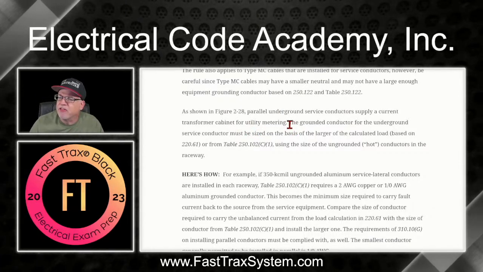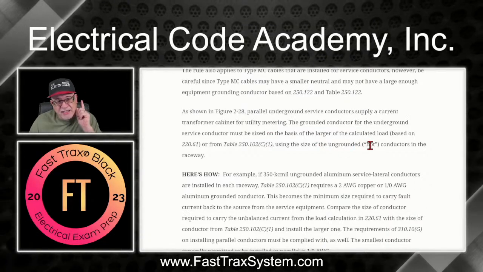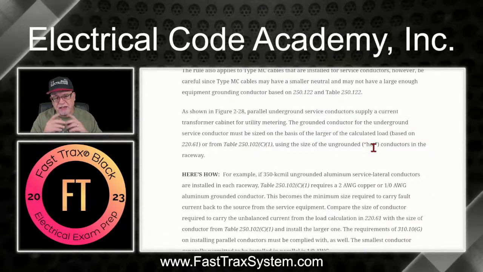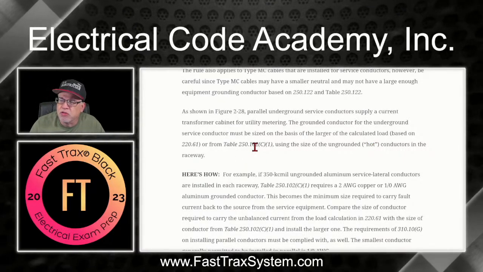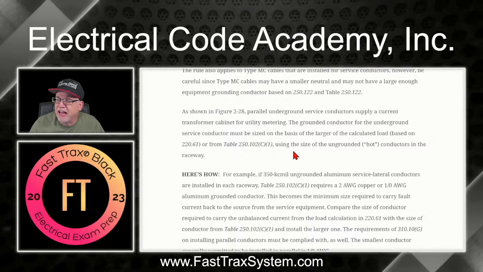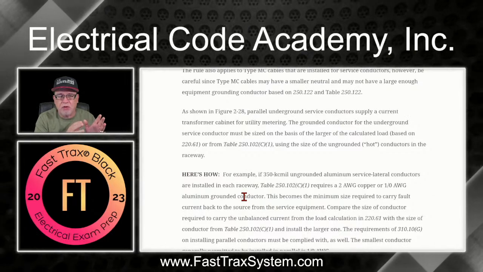It says the grounded conductor for the underground service conductors, okay, we're talking about the grounded conductor, must be sized on the basis of the larger of the calculated load, meaning we have to do a load calc, 220.61, or from table 250.102(C)(1), using the size of the ungrounded hot conductors in the raceway. Okay, so be careful. We either have to do a load calc or we have it.